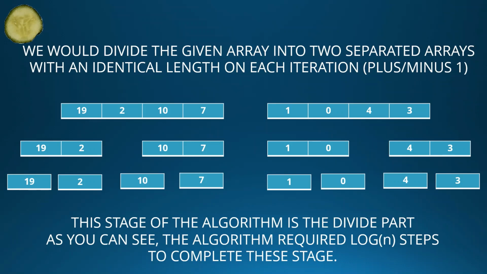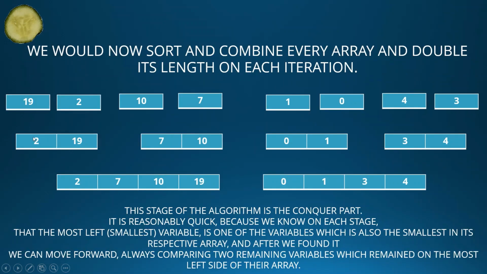This is because log 2 of 8 equals 3, and as you can see, we required 3 steps here to reach 8 separate arrays of length 1. In any case, we would now sort and combine every array and double its length on each iteration.